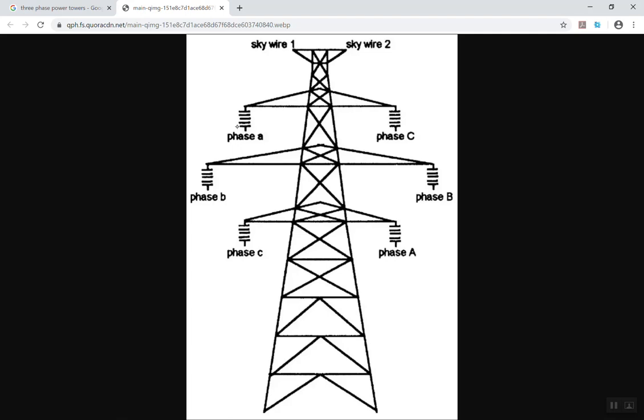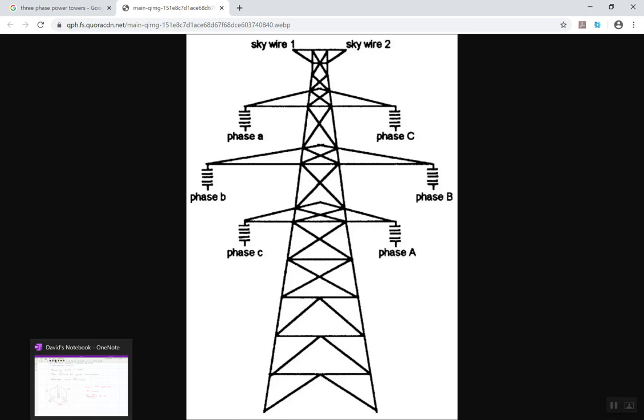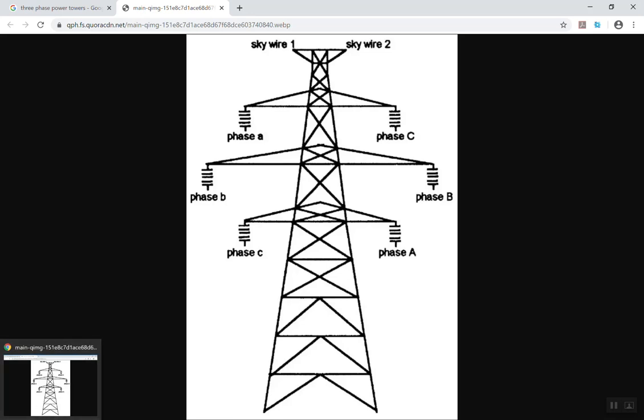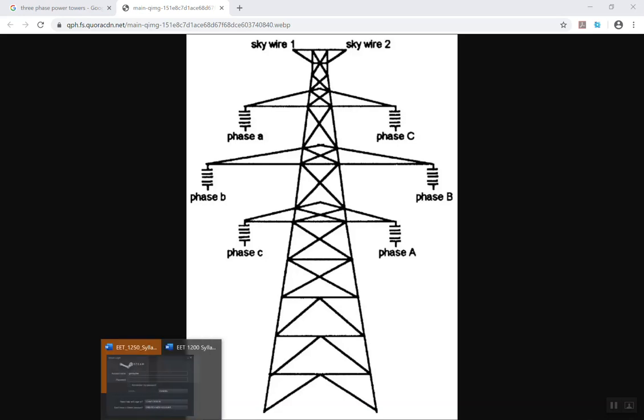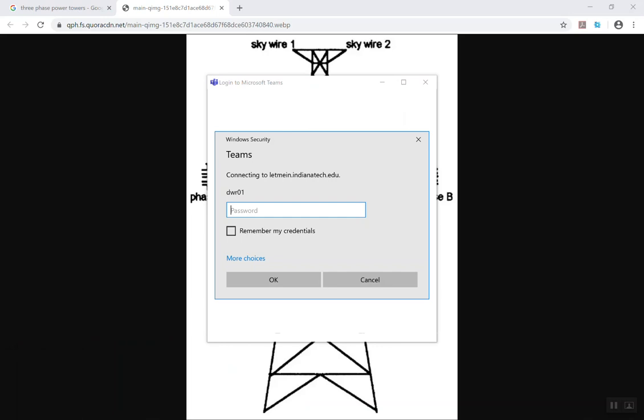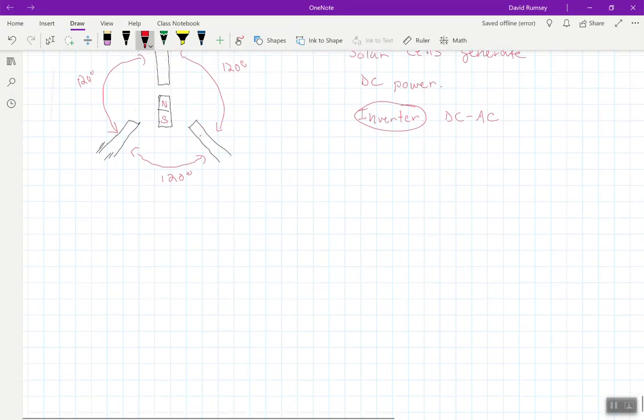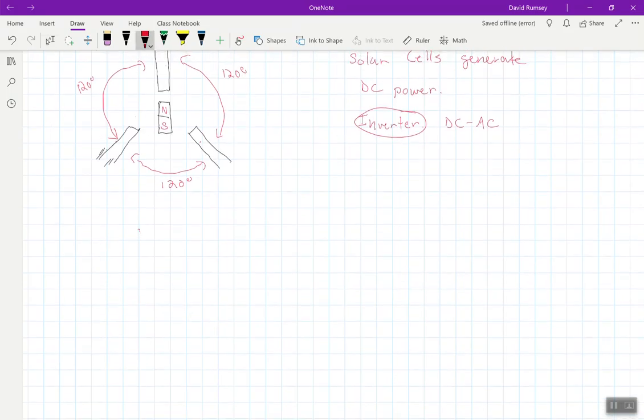Now, what you might see sometimes, and some people get confused when they see this, is a group of wires that are connected together like this, and then a wire here, and then a wire here.